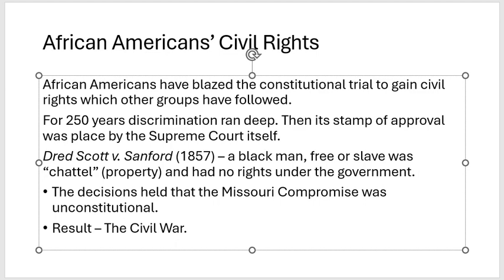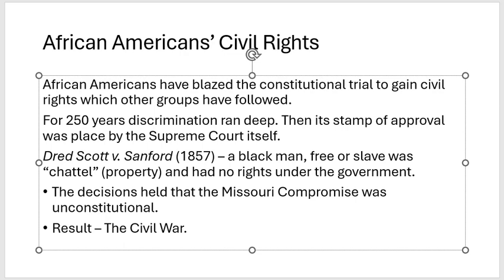If you remember from U.S. history, the Missouri Compromise was a compromise between certain segments within Congress and the North and the South about what states would be free states and what states would be slave states. And the North, of course, wanted all of them free, and the South, of course, wanted all of them slavery. So they compromised in what became known as the Missouri Compromise.